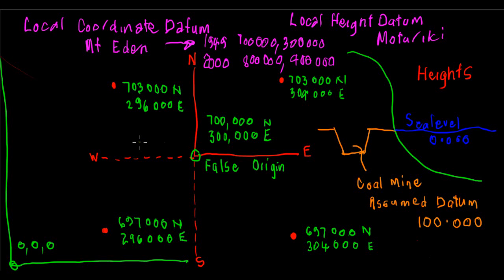So when you are in a situation where you need an assumed coordinate datum, I would recommend that you have a good separation. Make sure you can cover the whole area. In terms of your heights, you might want to have a good look at that. Make sure that you are going to be above sea level for all of your values.